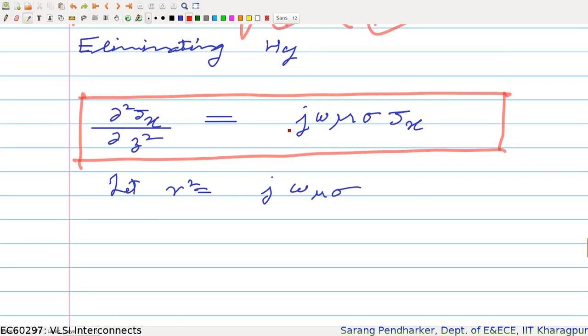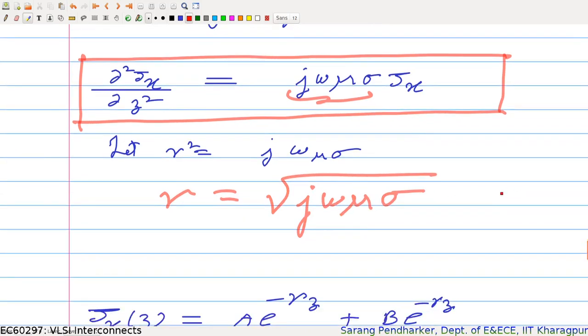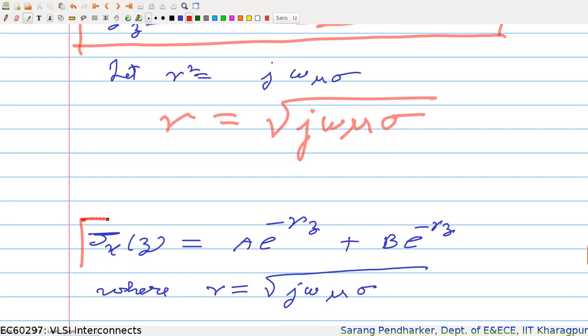I can define this as a new variable. I'm naming it gamma square, where I can write gamma as root over j omega mu sigma, and I can write the solution Jx in this form.